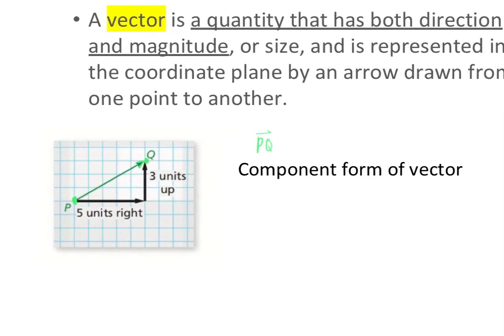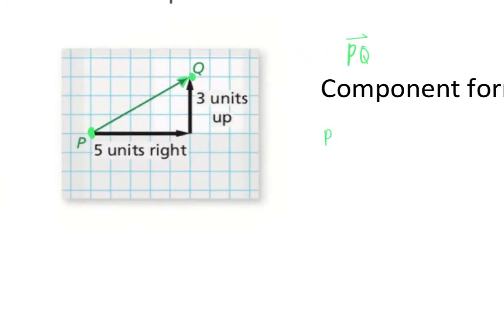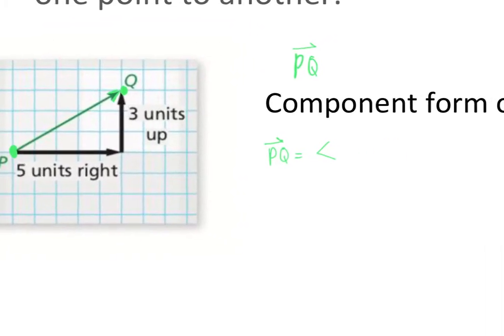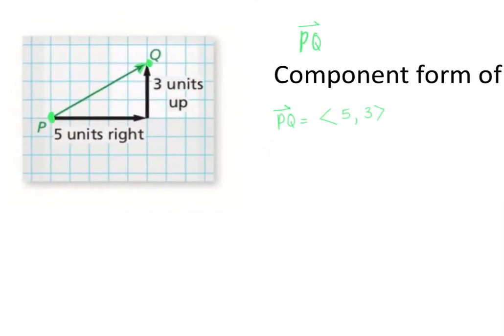All right, the component form of a vector. So PQ as a vector is going to be, now notice it's not parentheses. It almost looks like a less than sign, but that's how we write the component form. It is going to be the change in the x direction, which is just 5, or how many units to the right, and then 3 units up. And we write it like that. So this is what our PQ looks like.